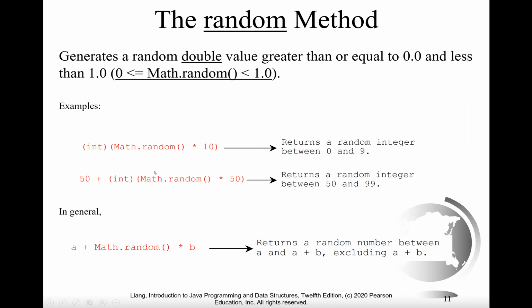So what you do is have Math.random times 50, cast to int, and then plus 50. So Math.random times 50 gives you a random value between 0 and 50.0, excluding 50.0. When you do a cast, it becomes an integer from 0 to 49, and then you add 50, so it becomes 50 to 99.